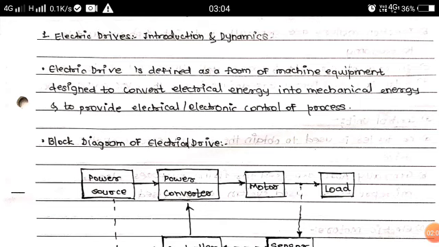So any real life examples if I want to give you, the very simplest is the fan in your house, the ceiling fan. The ceiling fan is converting electrical energy into mechanical energy because there is a single phase induction motor connected in it. Then the fan experiences a load.